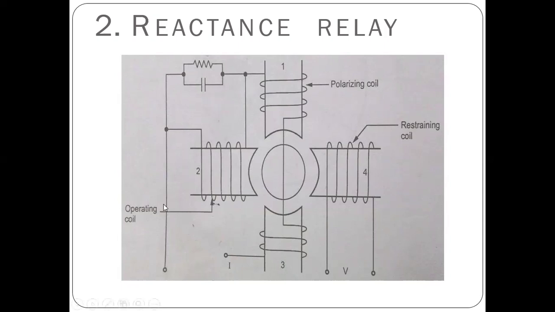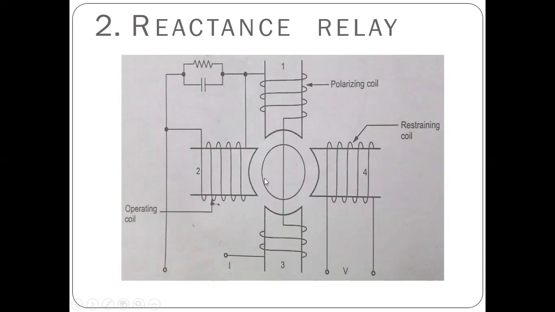The operating torque is produced by the interaction of fluxes due to the current coil, of the fluxes in pole number 2, pole number 3 and pole number 4. And the voltage-current coil produces the restraining torque, in the interaction of pole number 1, pole number 2 and pole number 4.